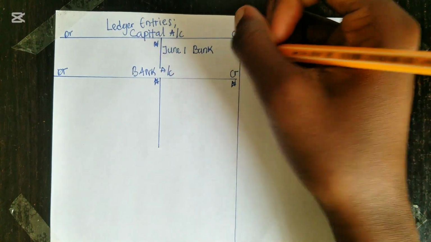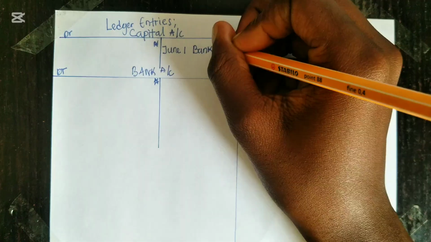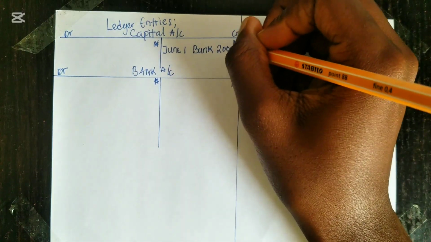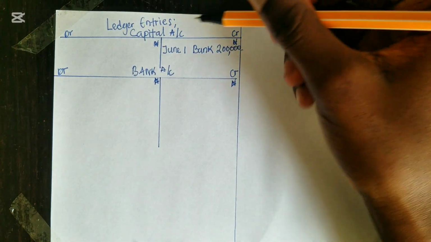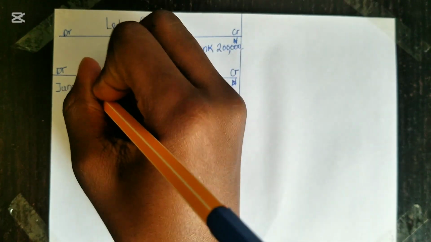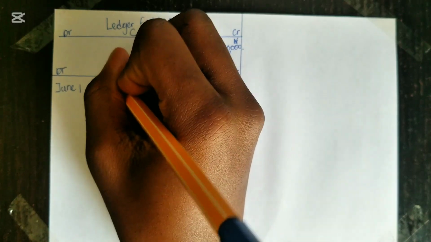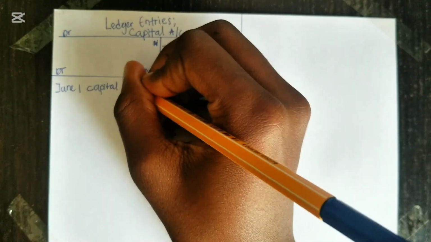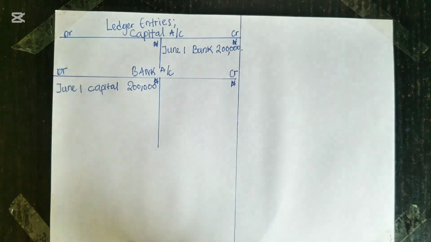Our amount is 200,000 naira. This is credit. That means we're going to debit our bank. We're going to write June 1, and as our particulars capital, and the amount is 200,000. So we are done for June 1.